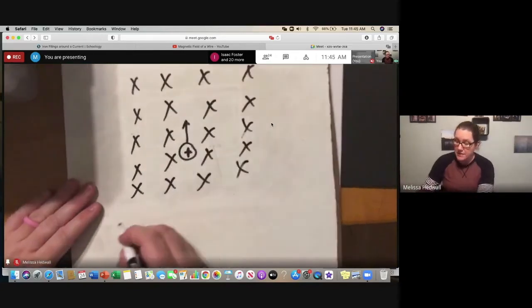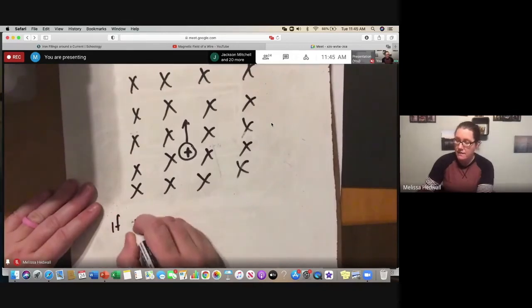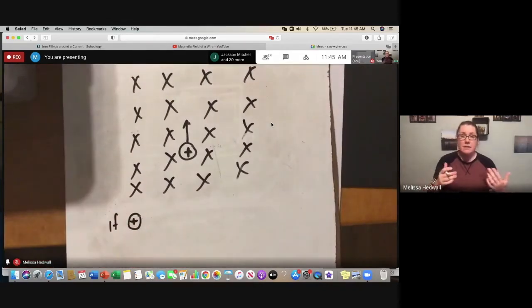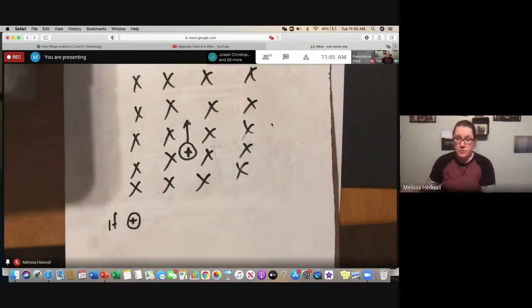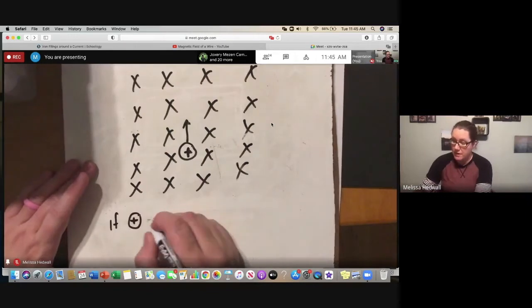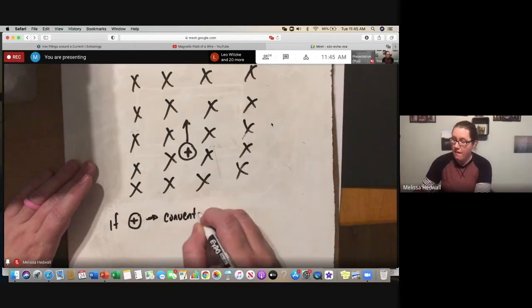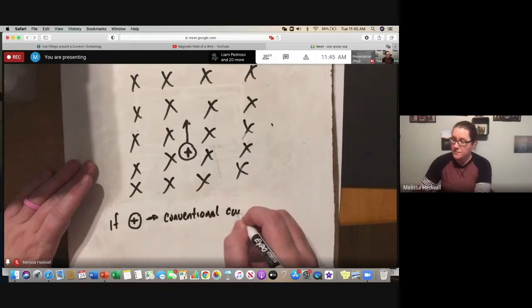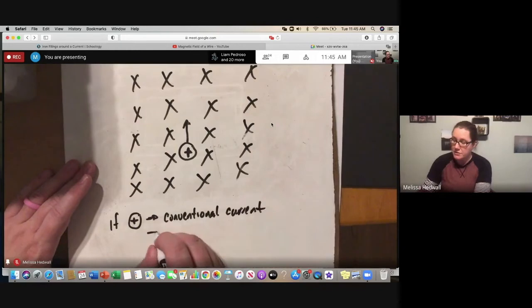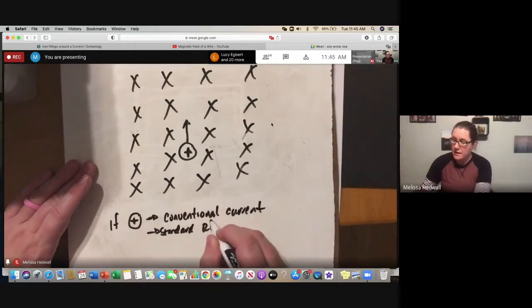If the charge is positive, conventional current points from positive to negative, and so this would behave as conventional current. We would just do this as normal, and we would just use the standard right hand rule.